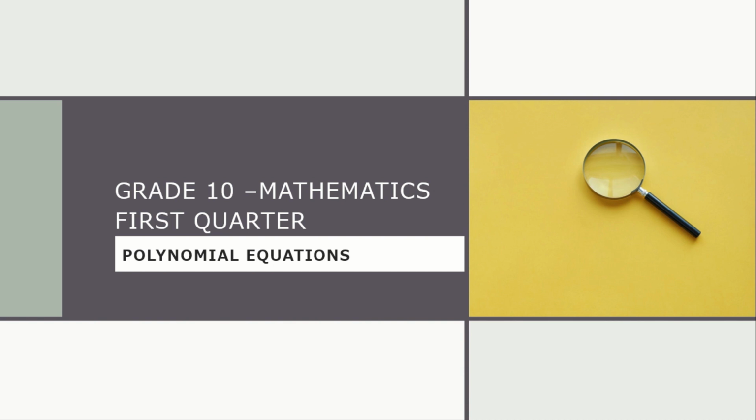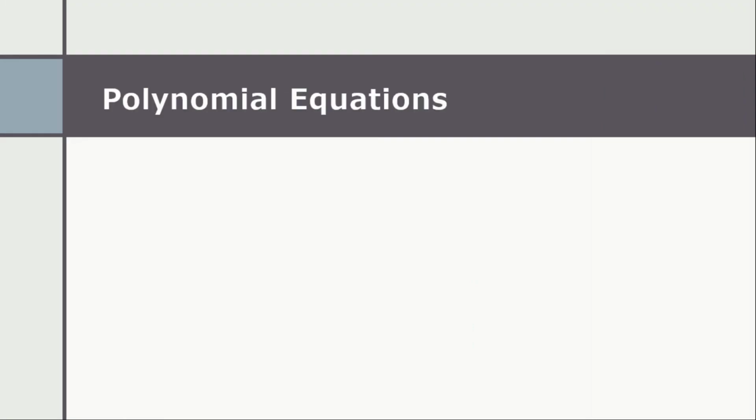Let's talk about polynomial equations. We've already learned about polynomials. But what is the difference between a polynomial and a polynomial equation? Basically, a polynomial equation is a polynomial that has been set equal to 0.